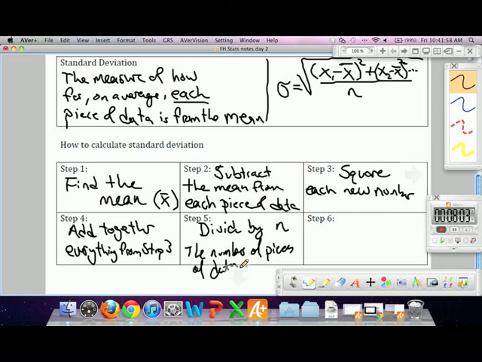And once you've divided by n, what's our final step? Square root. Find the square root.